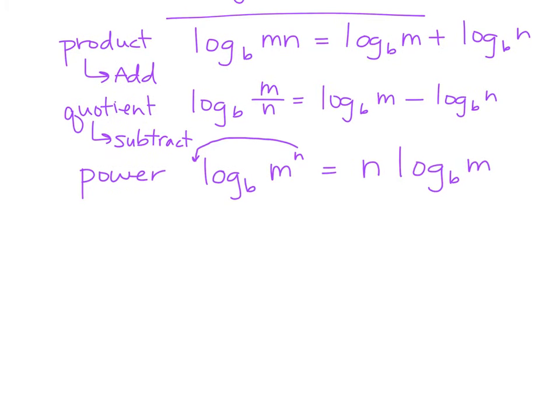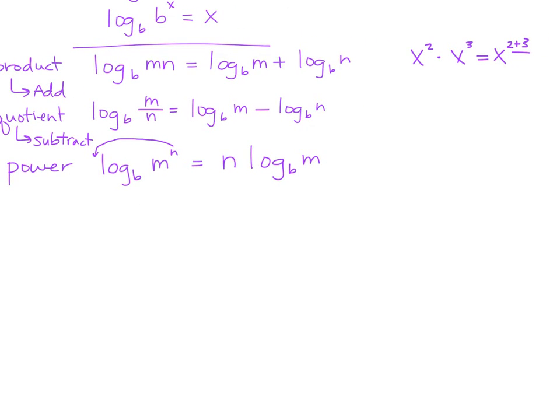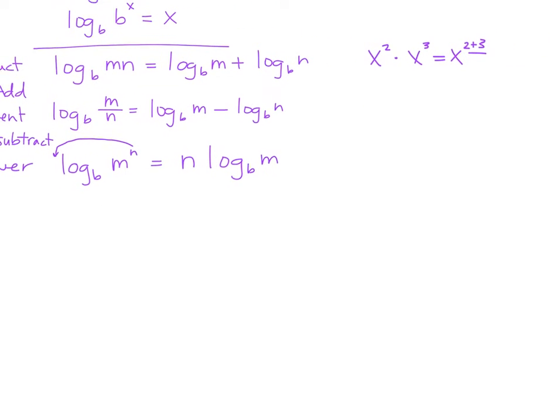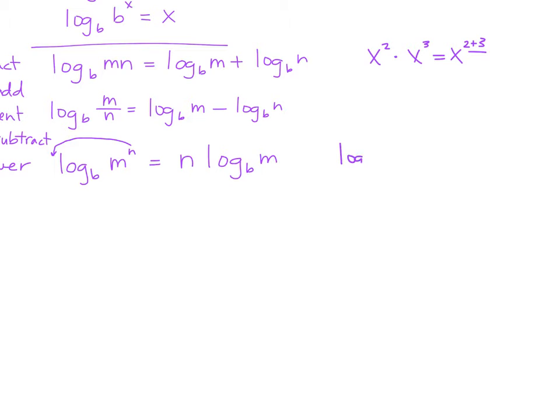Here's why this works. Think about it like this. If I have log base b of m to the third power, that would be log base b of m times log base b of m times log base b of m. That's log base b of m to the third power.